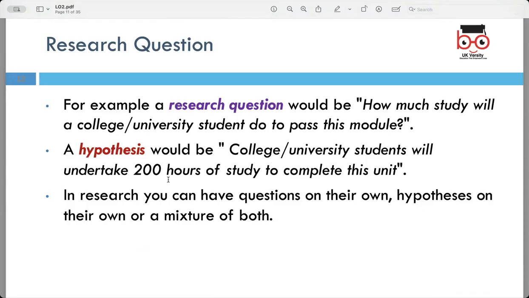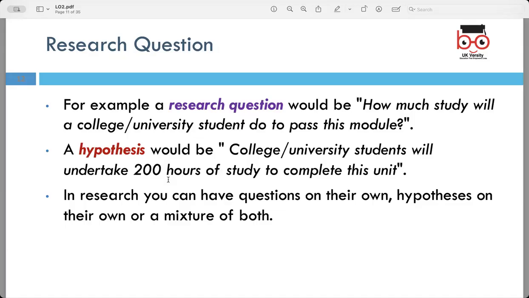Research question. We need to understand the difference between a research question and a hypothesis using a simple example. A research question could be: how many hours do university students study to pass this module?